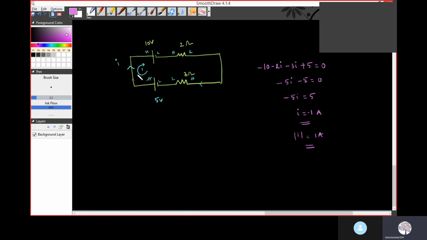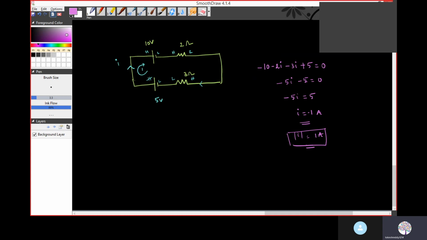I should have taken the opposite direction, since this is 10 volts and this is 5 volts, obviously current is in the opposite direction. If you get negative, that means you have taken the current in the opposite direction. Whatever direction you took, it is the opposite of that.